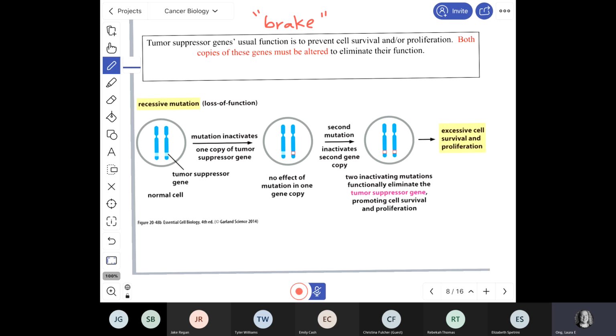They encode the kinds of proteins that keep a cell from going through a checkpoint. So these tend to be negative regulators of cell division.